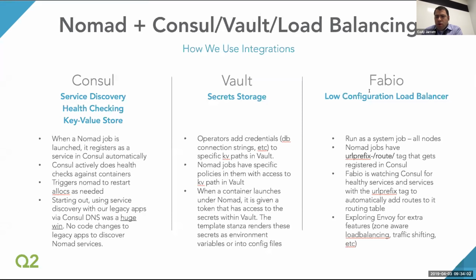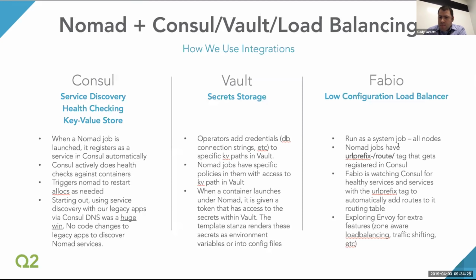For our load balancing, we currently use Fabio. We run this as a system job, so it basically runs Fabio on all of the Nomad clients. Inside of the service stanzas in our Nomad jobs, we have a URL prefix tag.